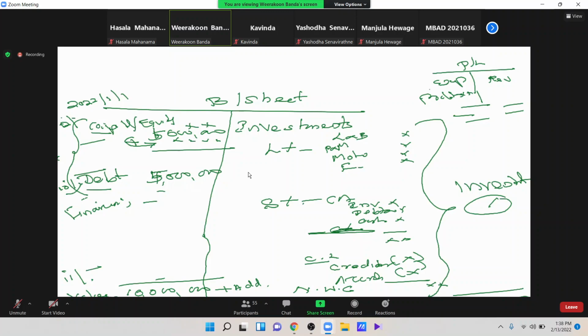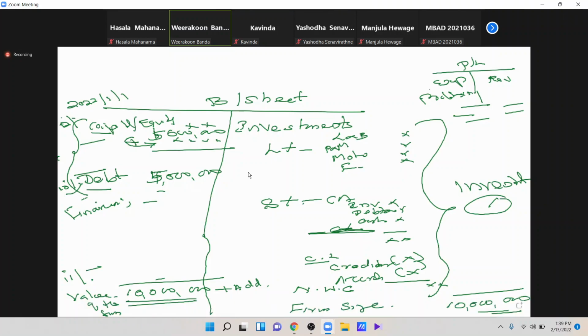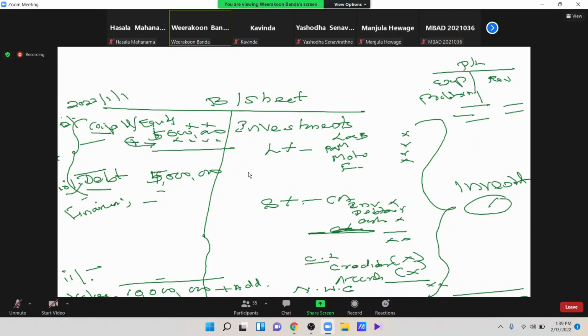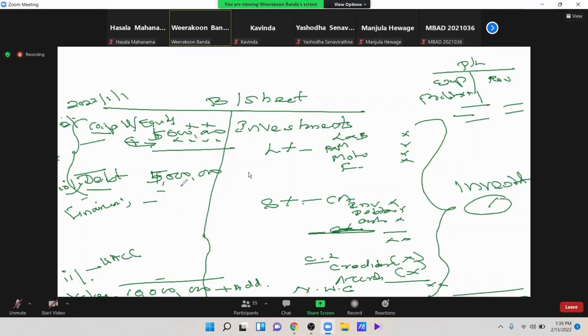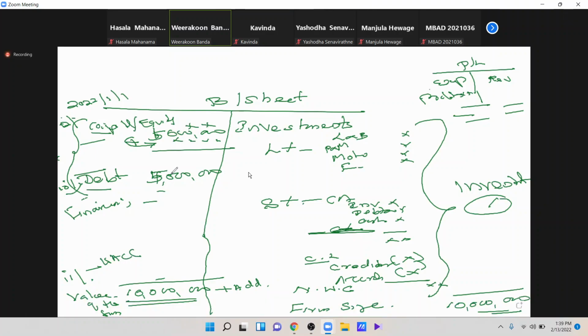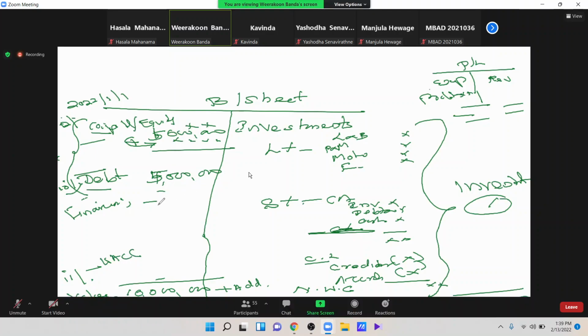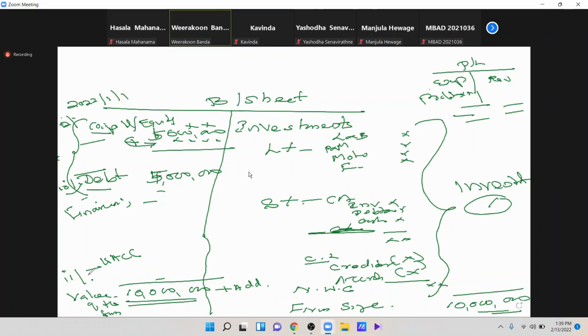That is the average of these two, 12% and 10%: 22% divided by 2, then 11%. So we call that the company cost of capital, the weighted average cost of capital. That is weighted on the capital, debt and equity. Later we will discuss how we derive this 11% rate. However, this 11% is called the weighted average cost of capital.